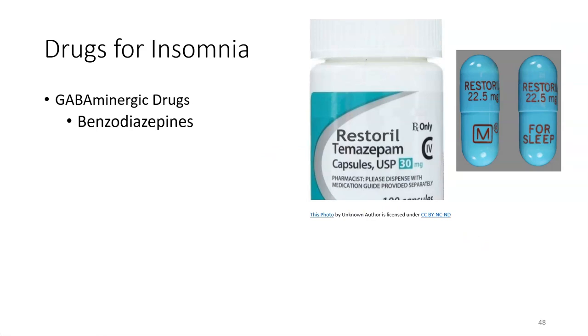I've already talked a little bit about benzos before. We use them for seizures. They're GABAergic. They increase the inhibitory actions of the neurotransmitter GABA. These drugs, temazepam, which is known by the brand name Restoril, right, helps you rest. And even on the brand names, it has it typed on the label that it's for sleep. So the only indication for temazepam is insomnia.